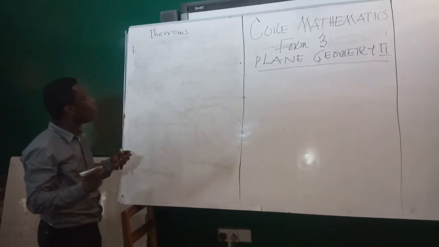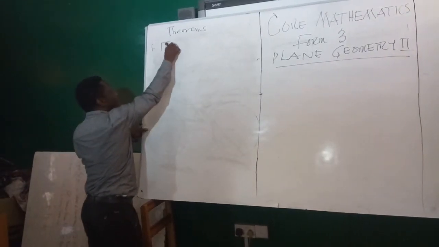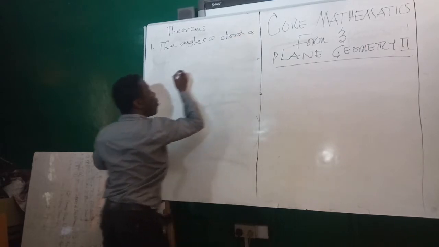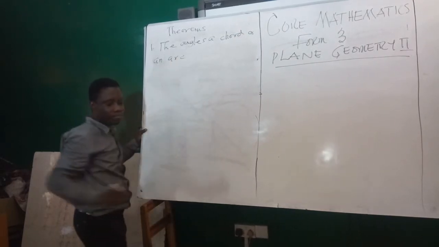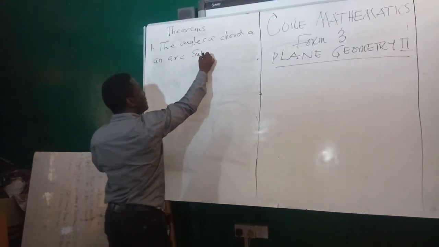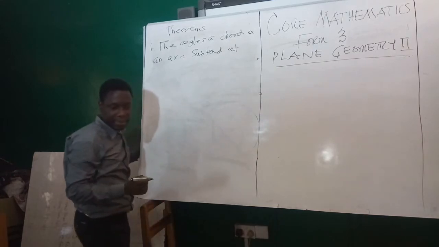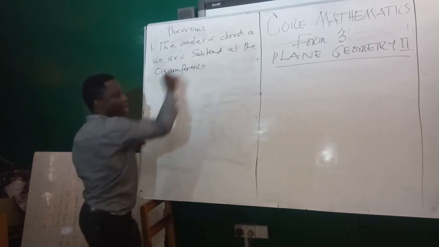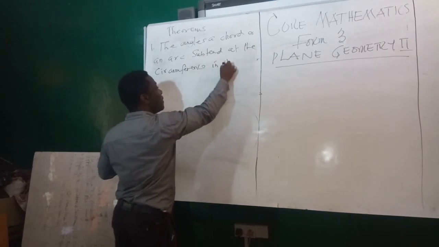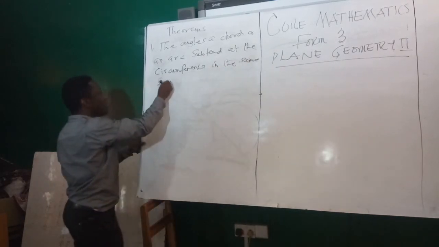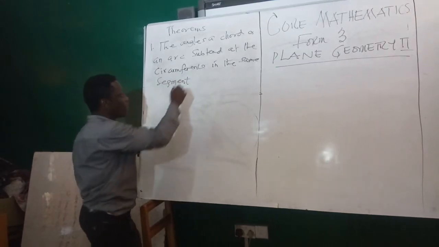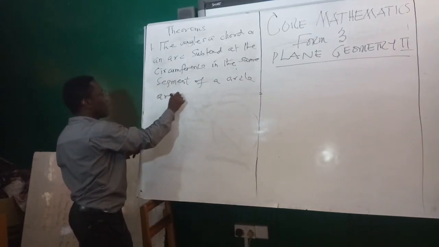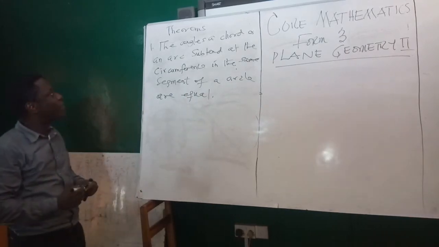If I have to write it so that you can quickly write them down, I'll say that the angles a chord or an arc subtend at the circumference in the same segment of a circle are equal. So that is our first theorem.